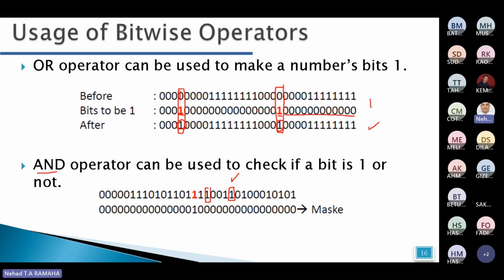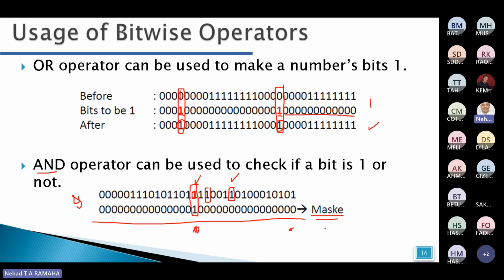Then how to check a specific digit? To check a specific digit, you make AND with a number, we call this number a mask. The mask will be all 0 except the digit that you want to check. In front of it will be 1. Okay, then what's the result? The result will be zeros except this digit. If it's 1, the result is 1. If it's 0, the result is 0.